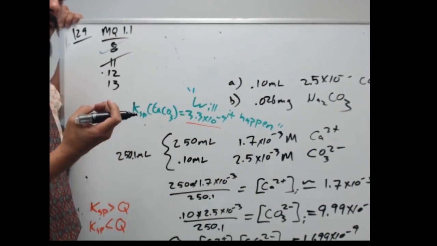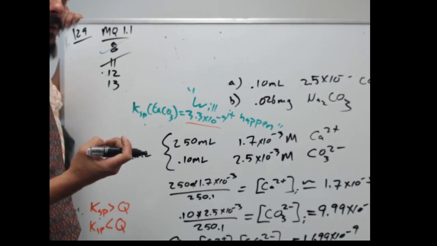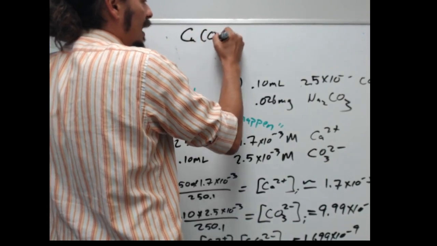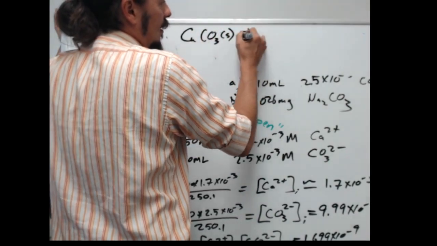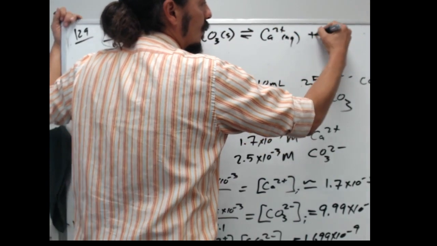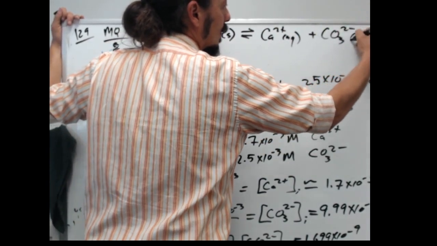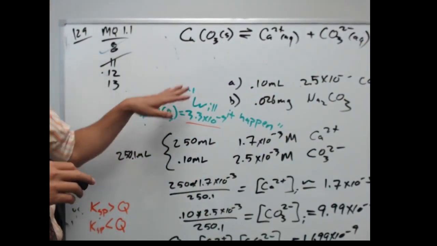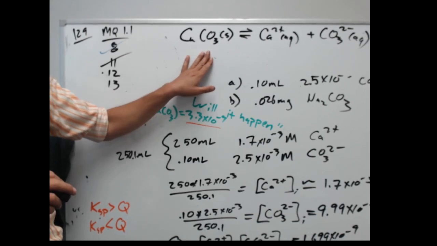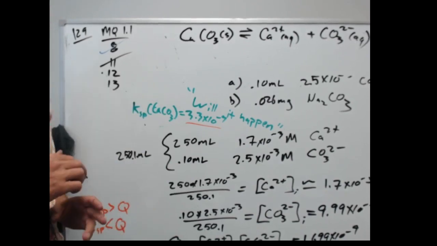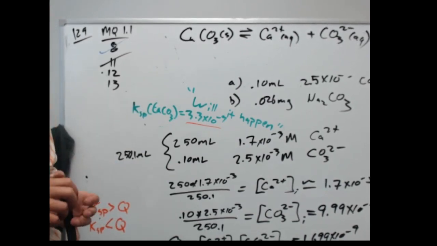KSP is a particular reaction we write down: solid dissolving. So we've got calcium carbonate solid dissolving to calcium 2 plus ions plus carbonate ions. If solid is forming, I need to push this towards reactants. So that means I need my KSP to be smaller than my Q if a solid forms.